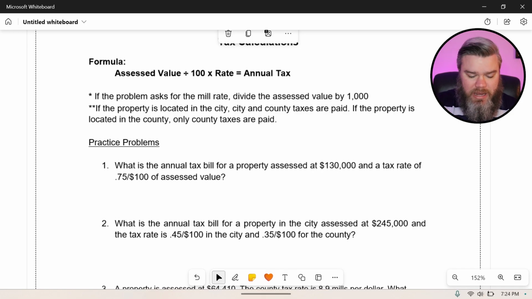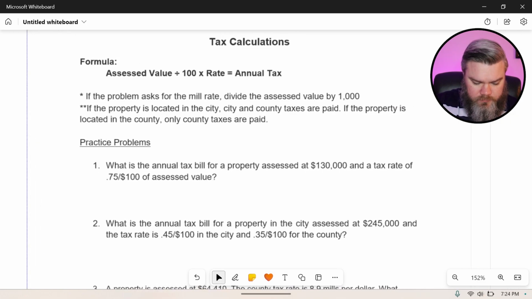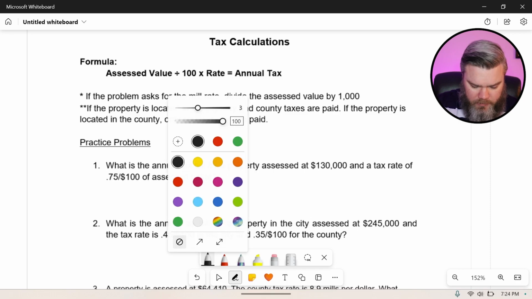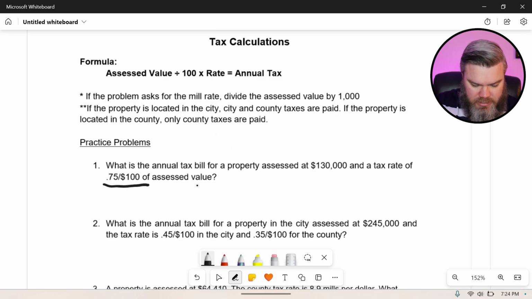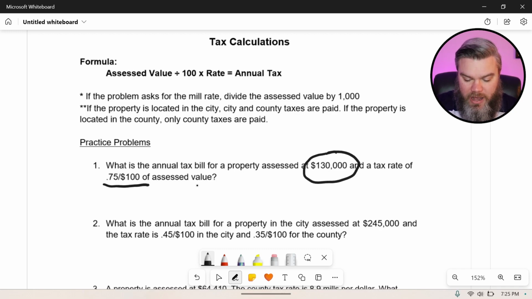So when we say, like in this first example, 75 per 100, that's exactly what it sounds like. You owe the tax assessor 75 cents per $100 worth of assessed value.